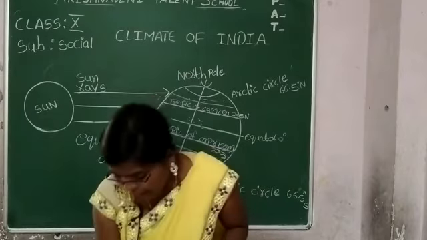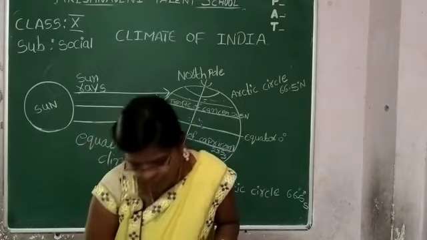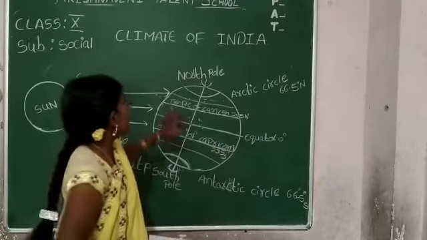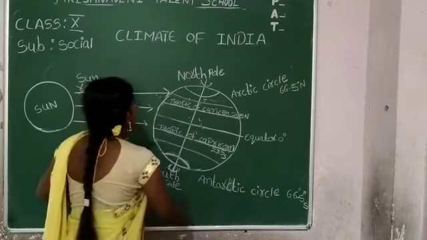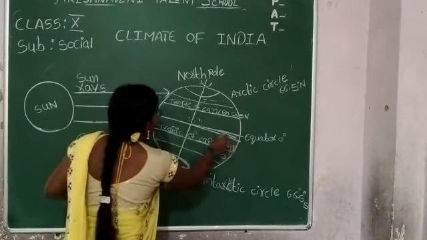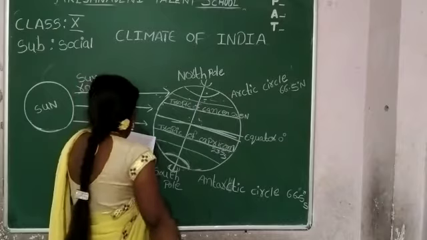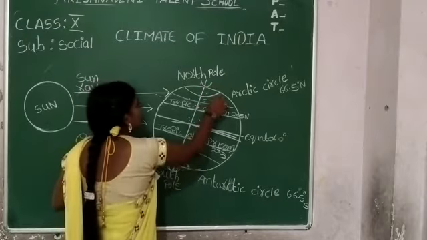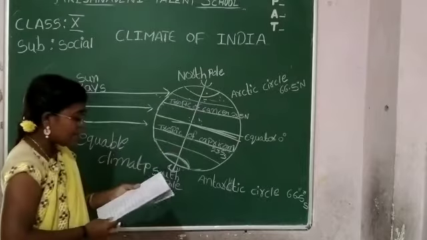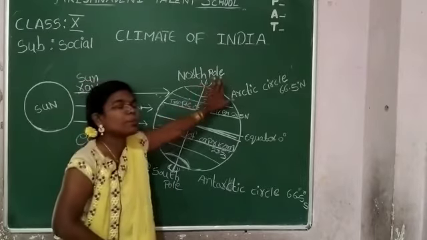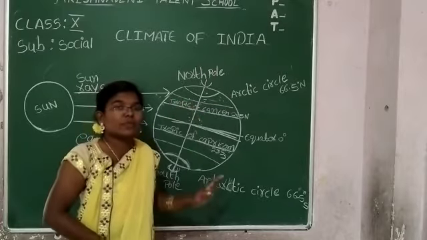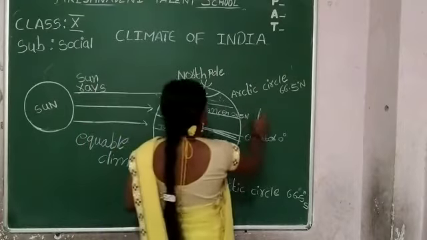Next, upper atmospheric pressure circulations in the northern hemisphere. High pressure belts give rise to permanent winds. Those winds we call permanent winds.